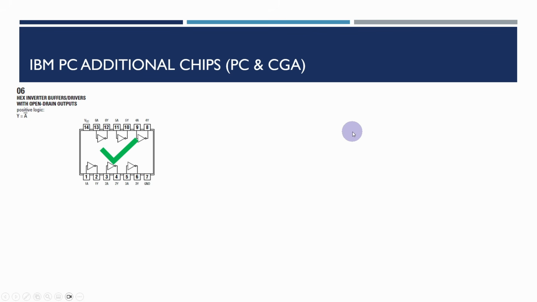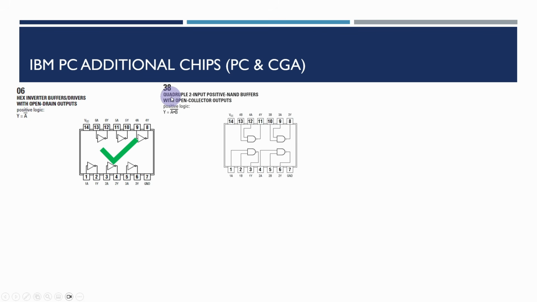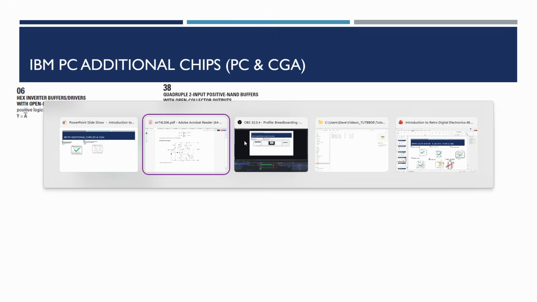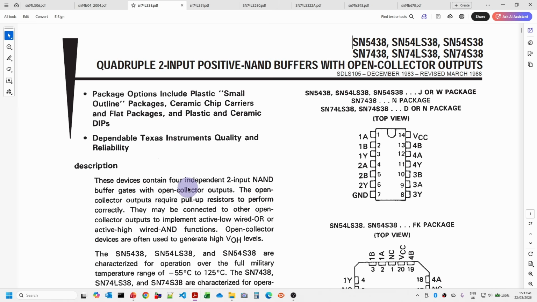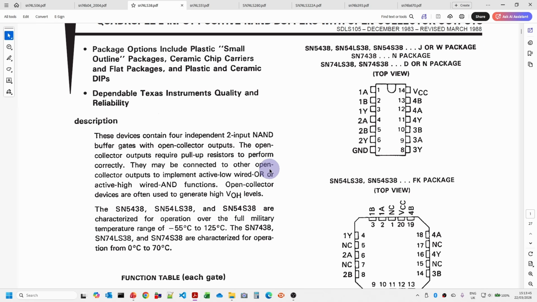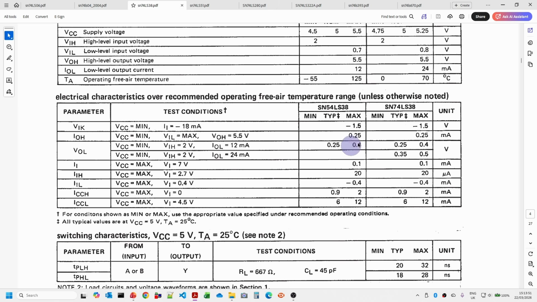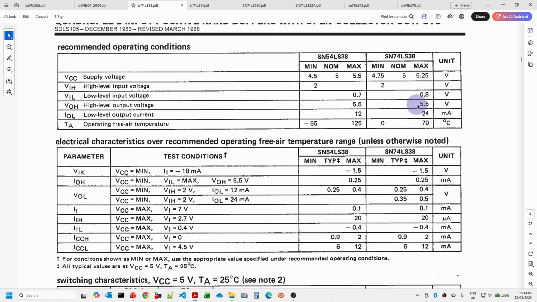When we come on to the next one, this is the positive NAND buffers with open collector outputs. This is very similar. It has open collector outputs. If we have a look at the datasheet, it has open collector outputs, but it isn't a high voltage. For the 74LS38, we can see the maximum output voltage there is 5.5 volts.